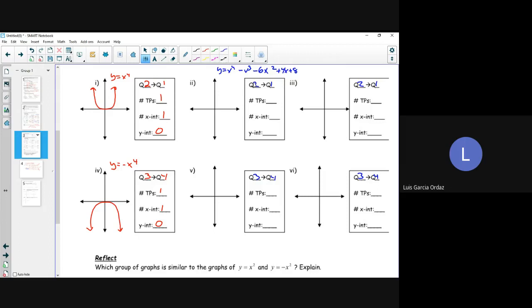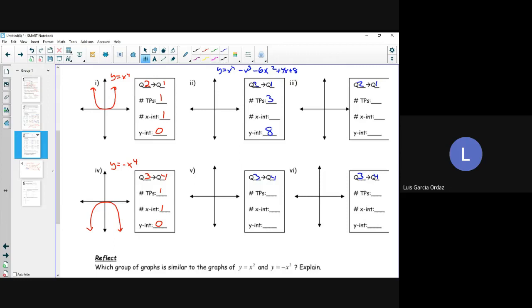Three. What is our y-intercept? It's the last number. And how many x-intercepts would we have? 4. Remember, it depends on how it's factored. That's what I'm going to show you with this graph.